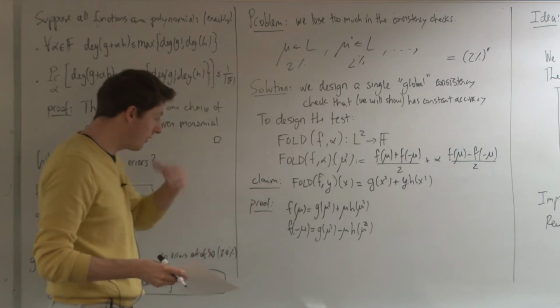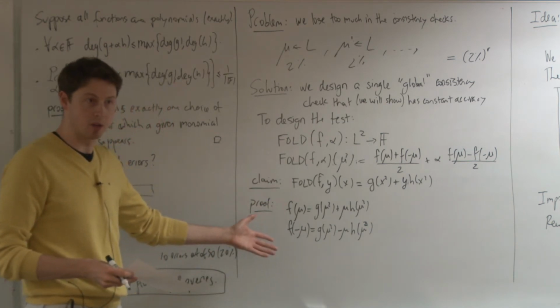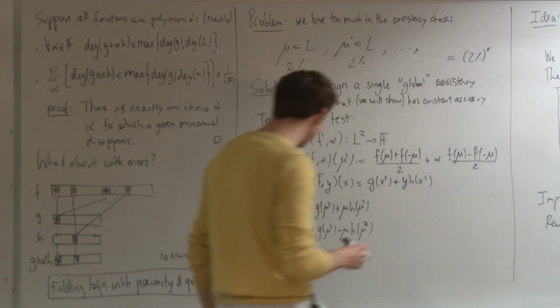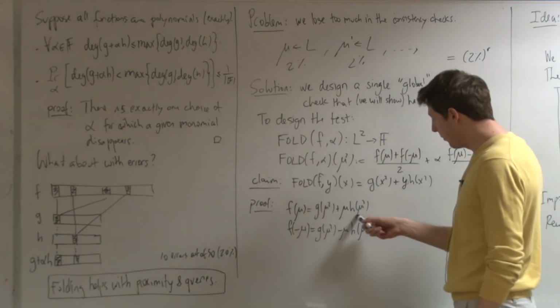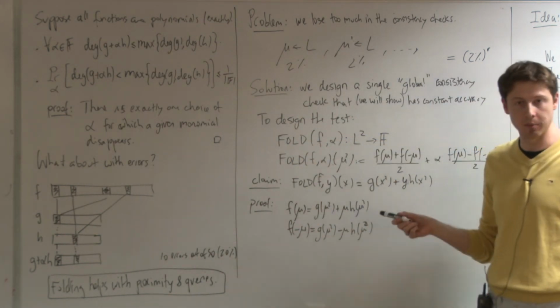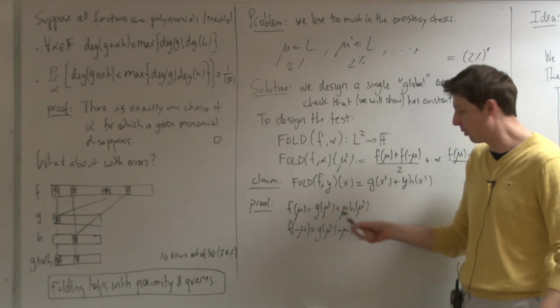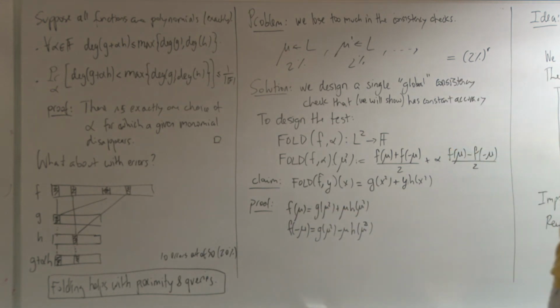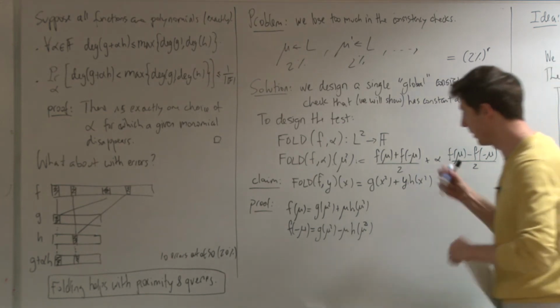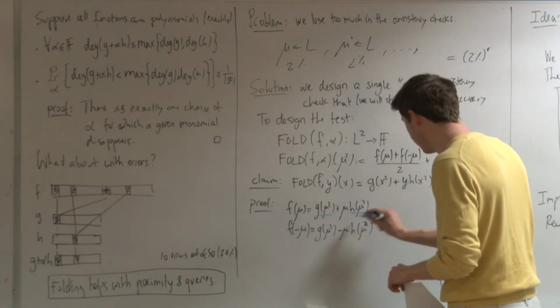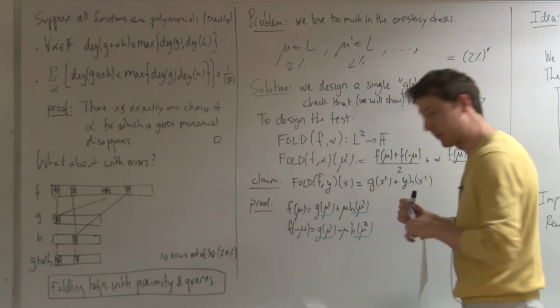And whatever they are, they satisfy this system of equations. Now, if you think about g and h as two variables, I have two linear equations in two unknowns, g of mu squared and h of mu squared. So that's my variable, that's my variable.